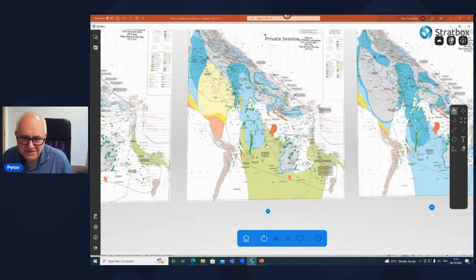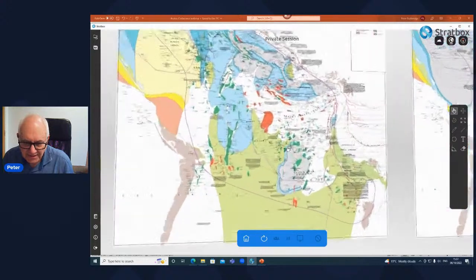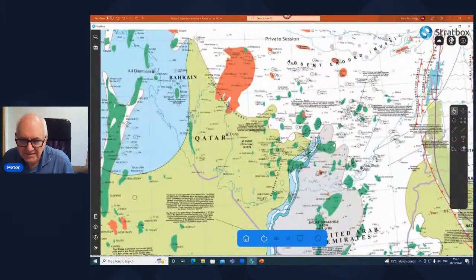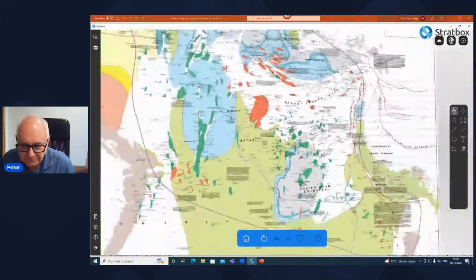You can examine the distribution of the unconformity at different levels on different Cretaceous sequences, and you can see where the facies belts impinge on the unconformity surface, and that will give you an estimation of the diagenetic effects on reservoir quality associated with the unconformity, whether it's detrimental or whether it improves reservoir quality.